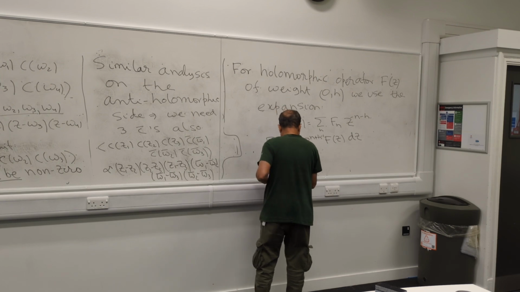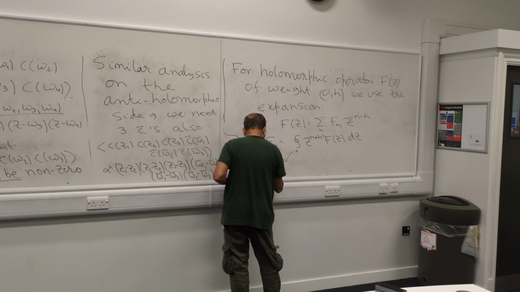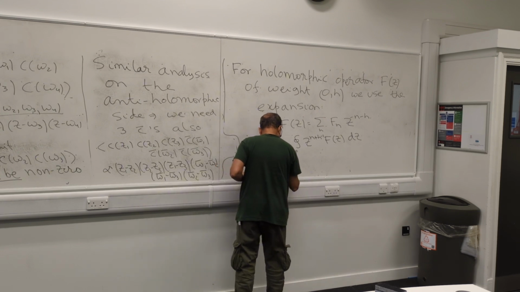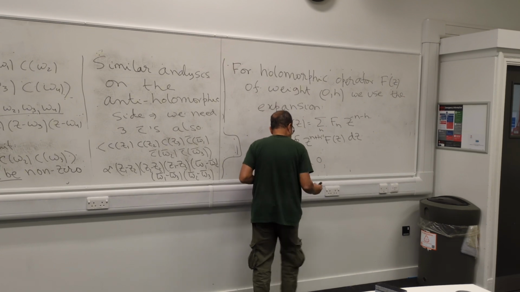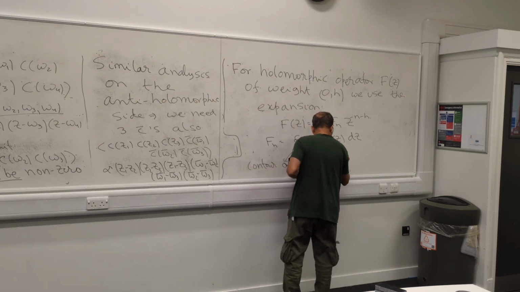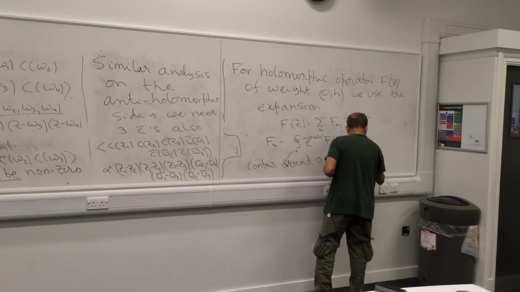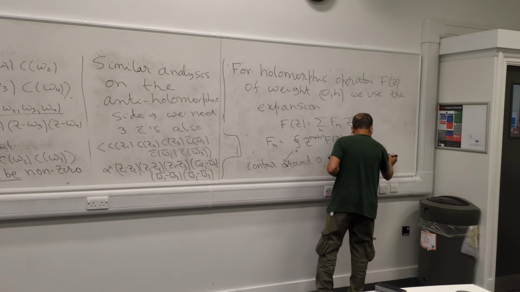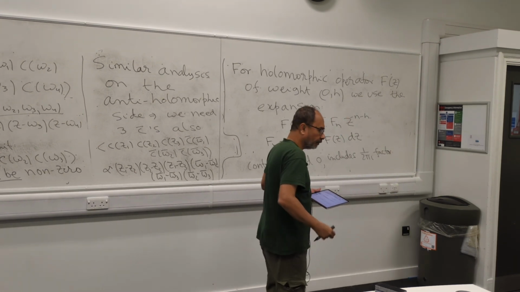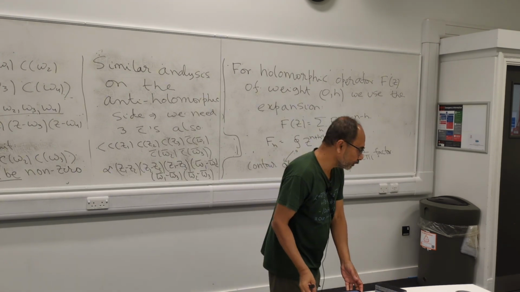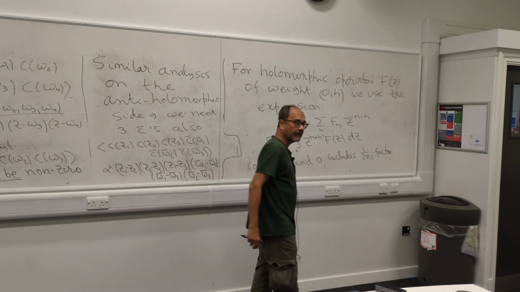This means this is a contour around the origin, and it includes a 1 over 2 pi i factor. So that integral dz over z in this notation is just 1, because 1 over 2 pi i is included in the definition of this contour integral.